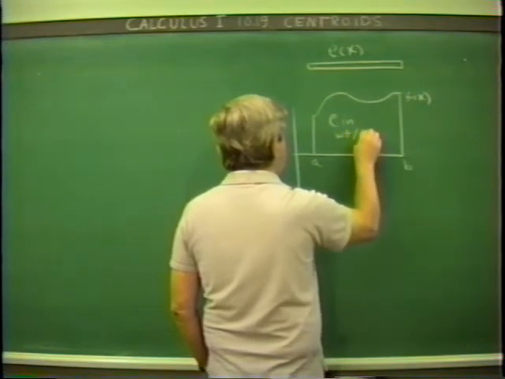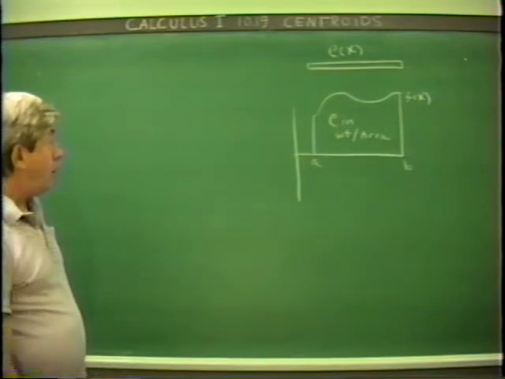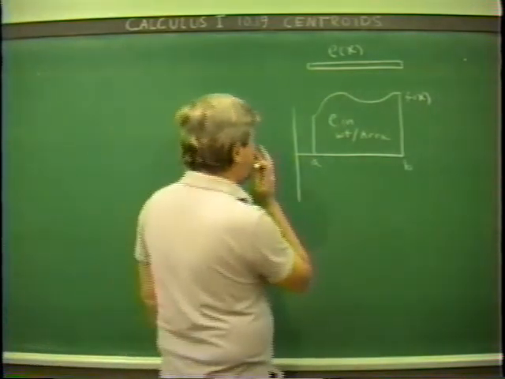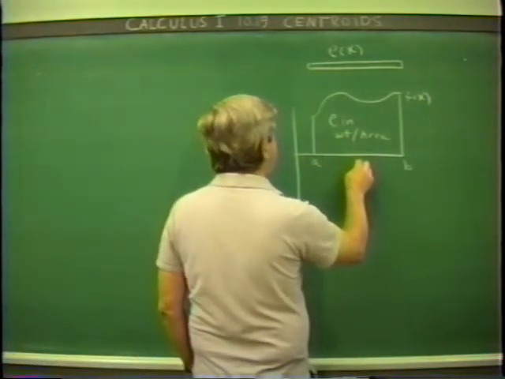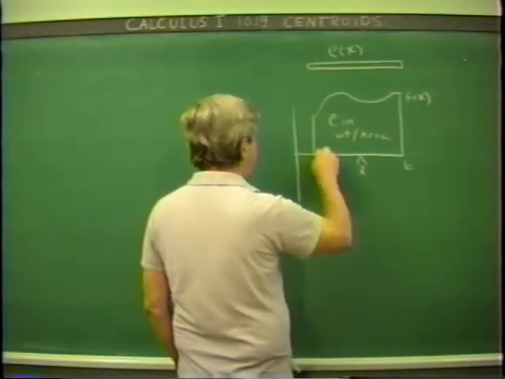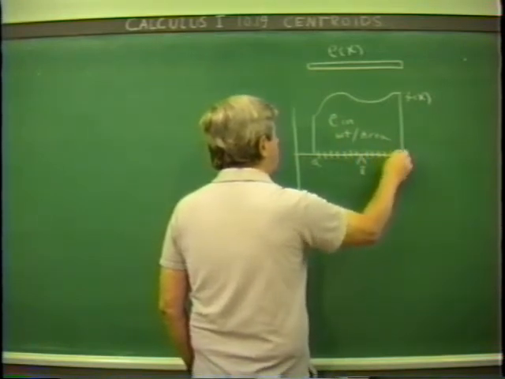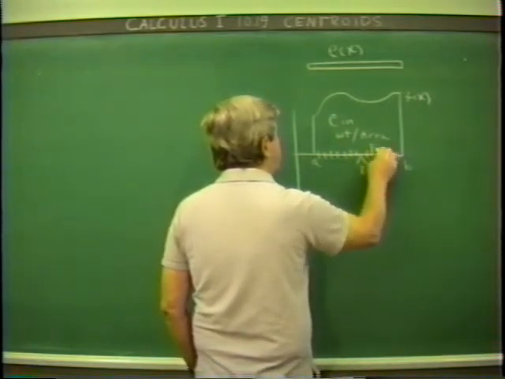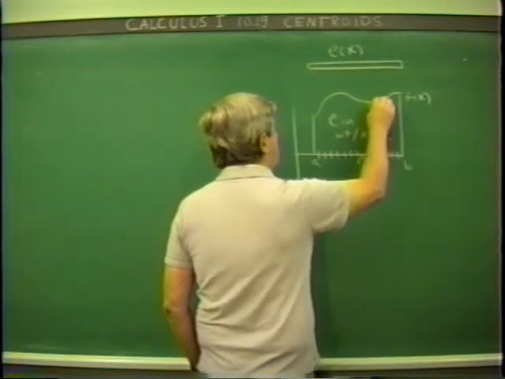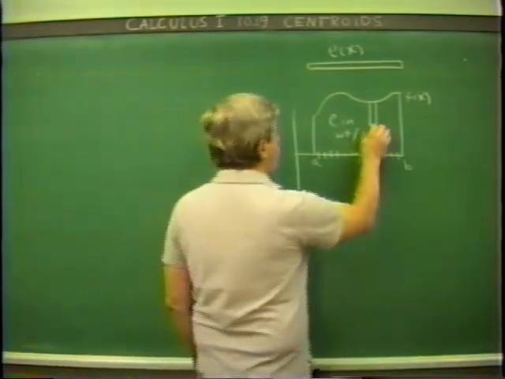Right. Then, if this had a constant density here, rho, in weight per unit area, we would want to make the same type of calculations. That's to say, we would like to find out where x bar is so that this balances. And the way to do that, of course, is to partition up the interval AB.